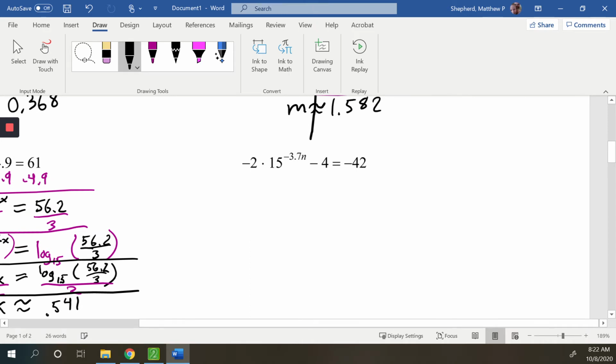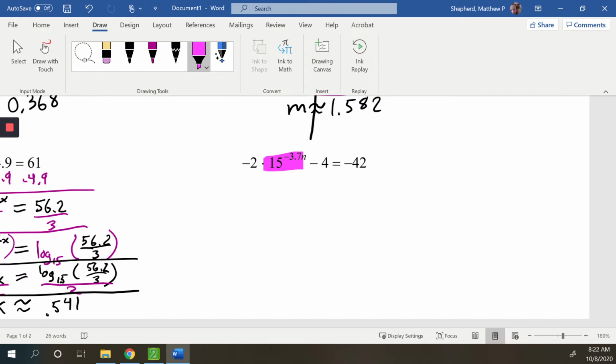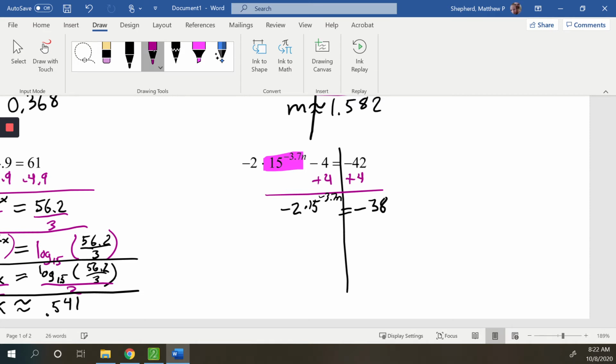All right, so over here on the next side, we need to get that exponential statement alone. Let's begin by adding the 4 to both sides, and we get negative 2 times 15 to the power of negative 3.7n, which should be equal to negative 38.